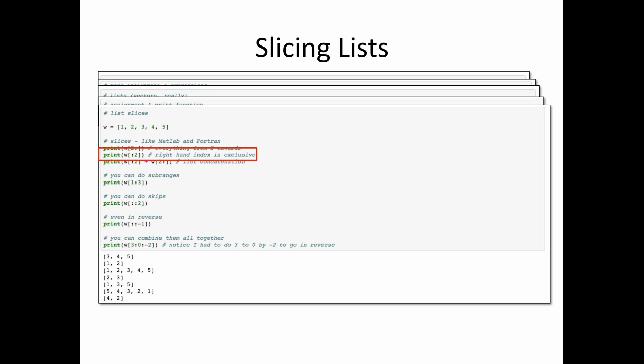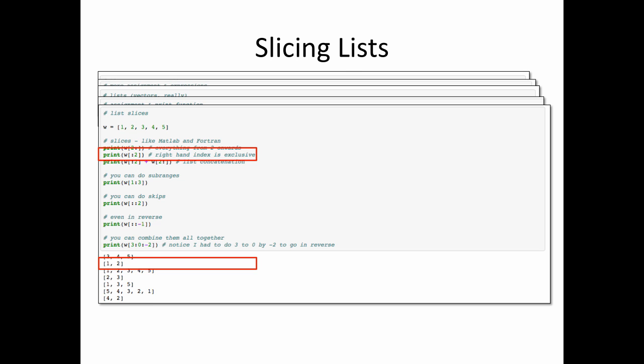So if you run this command, W colon 2, you want elements 0 and 1. If you print, you will get the first 2 elements, that is 1 and 2.